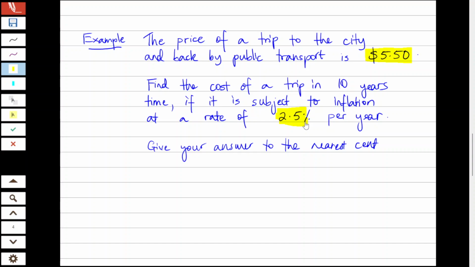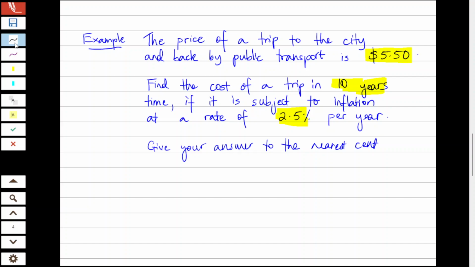So the question that I'm posing is, suppose we wait for 10 years. And let's assume that the inflation rate stays the same, about 2.5% each year. Can we predict how much this trip to the city is going to cost in 10 years' time? And the answer is yes. All we need to do is use the rule for a geometric sequence or a simple formula.